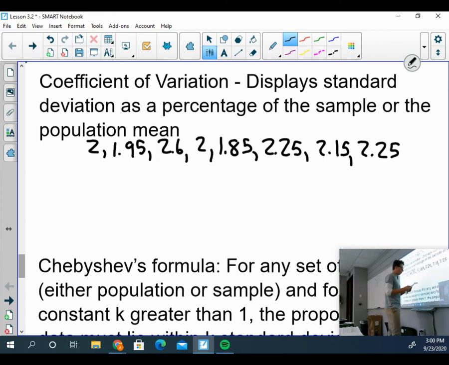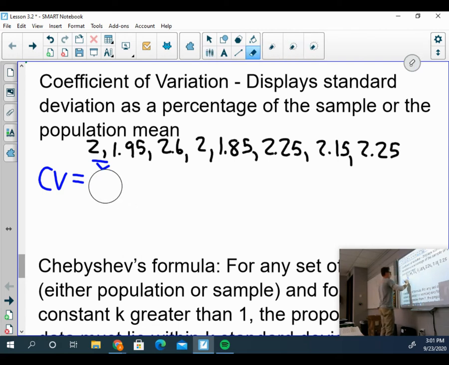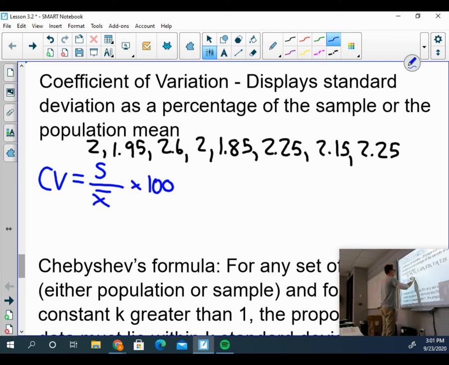What I want to do is I want to find the mean and the standard deviation so I can find the coefficient of variation. I'm trying to find the coefficient of variation here. Well, what's the formula? X bar. This is a sample list. Excuse me, I wrote that wrong. It is S divided by X bar times 100. Well, I got to find S and X bar.